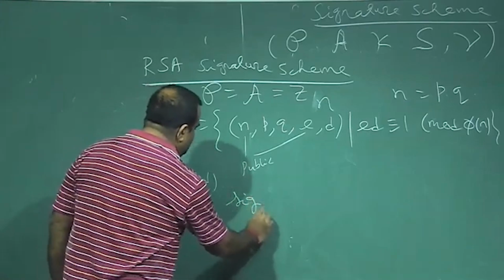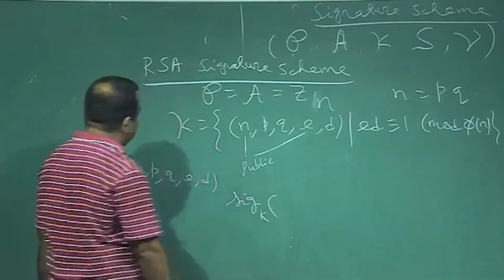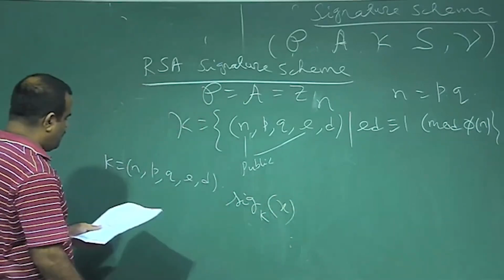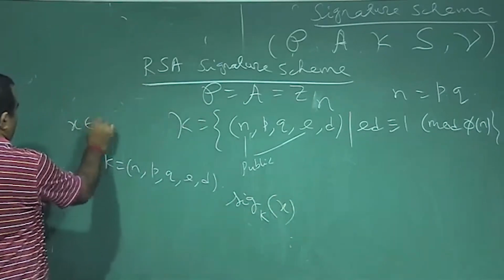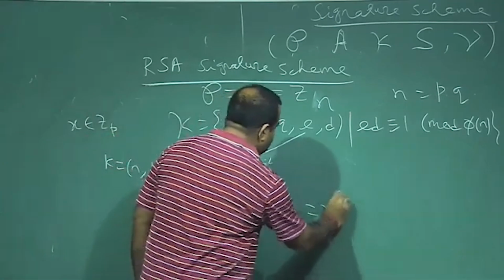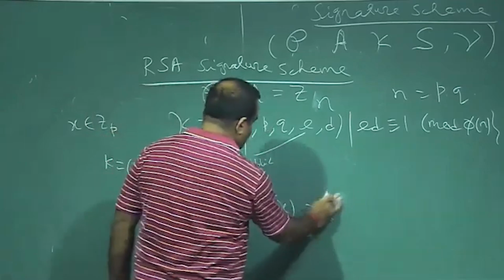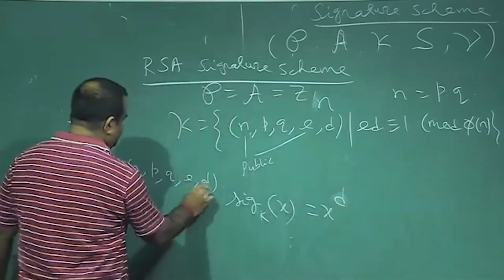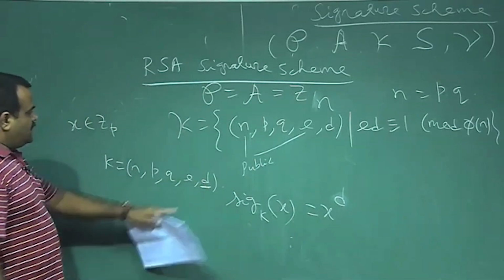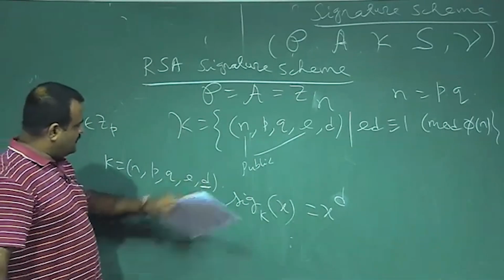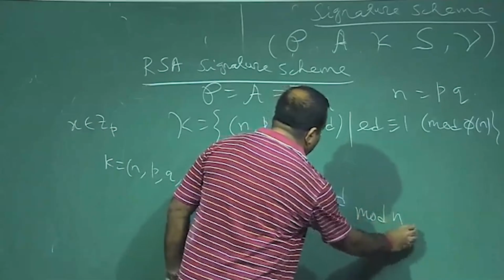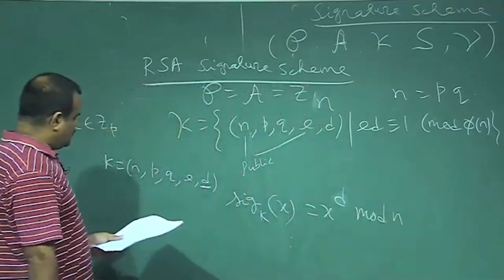The signature using this key on the message x, where x is coming from Zn, is basically x to the power d, where d is the secret key of the sender, that is Alice, mod n. Okay, so this is the signature.